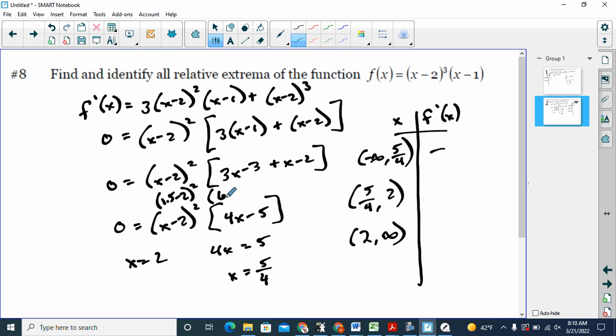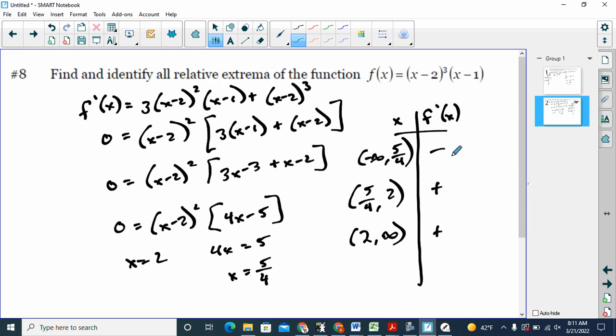Here I get 6 minus 1, which is positive. Positive times positive is positive. And feel free to use a calculator when you plug these in. If we plug in something from 2 to infinity, if I plug in 100, I get positive and positive.